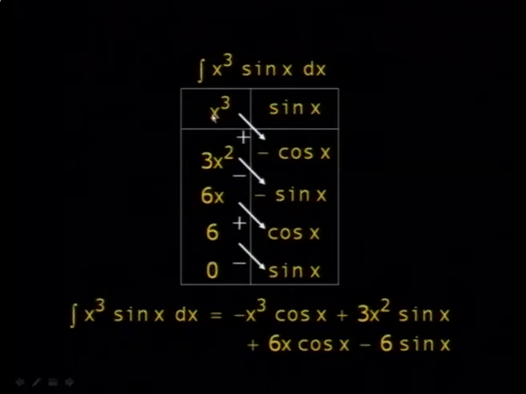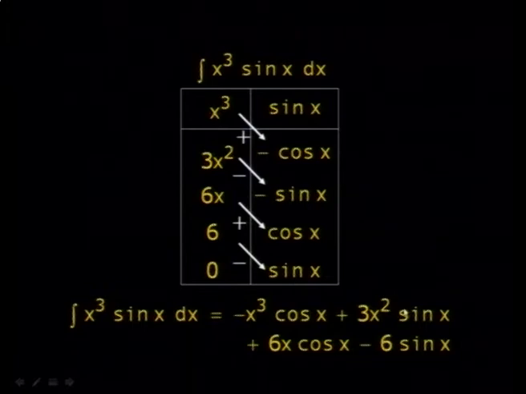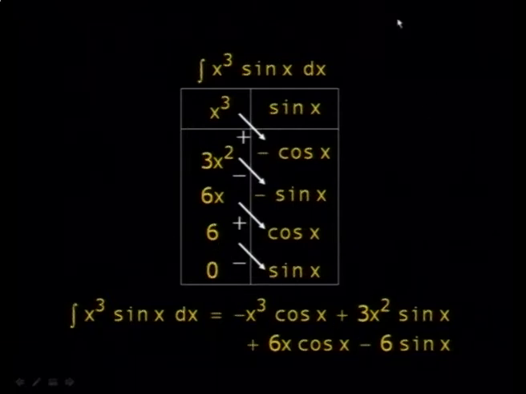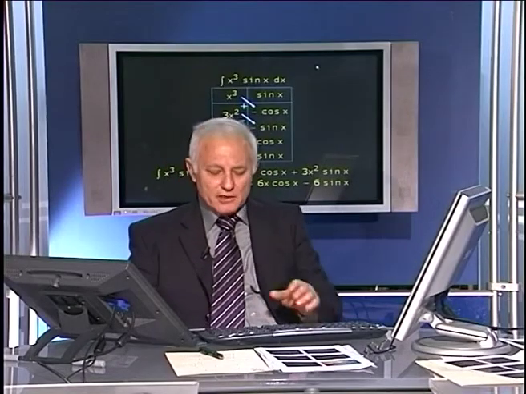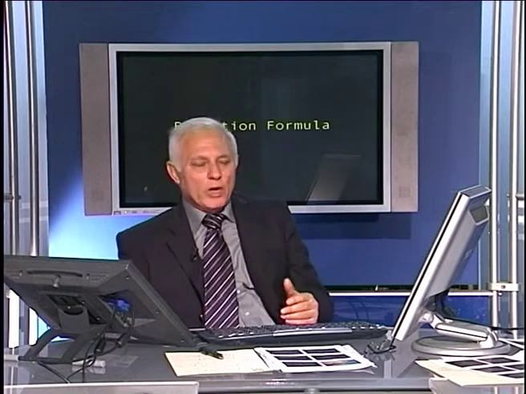The result would be x cubed times cosine x, positive, because here you have minus cosine x already, so you have minus. Minus, this time, 3x squared times minus sine x. So you get 3x squared plus sine x. And then now it's plus 6x times cosine x, and then minus 6 times sine x, and that's your result. So this is a mechanical way of doing it.